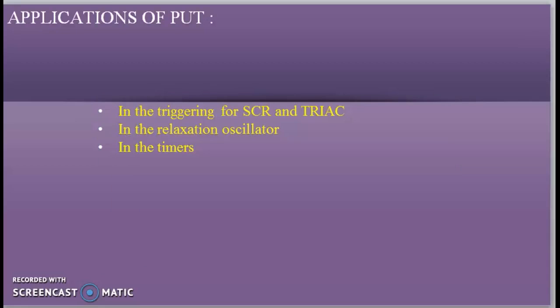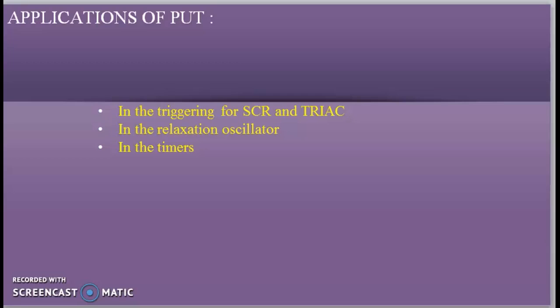The applications of PUT. It is used in the triggering of SCR and triac. The next application is PUT used as a relaxation oscillator. The relaxation oscillator is of course the most common application of PUT.